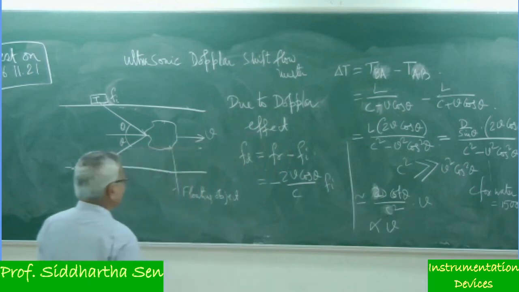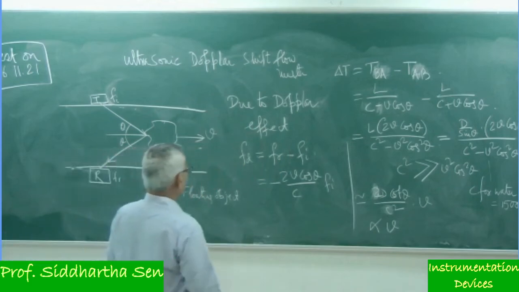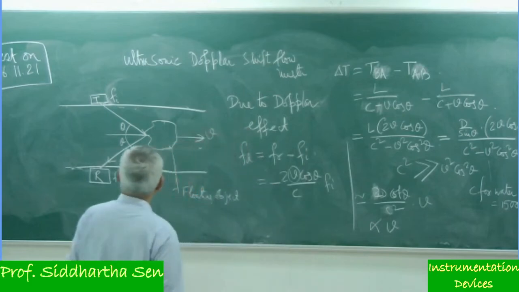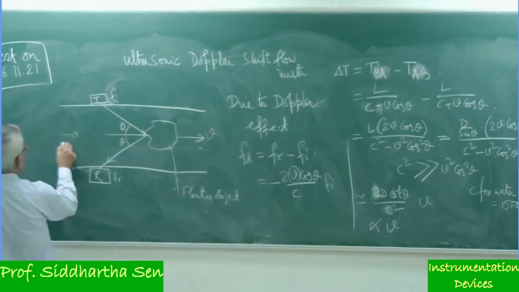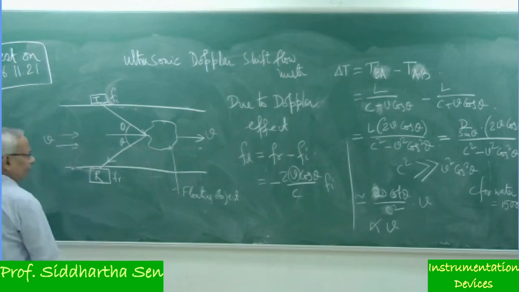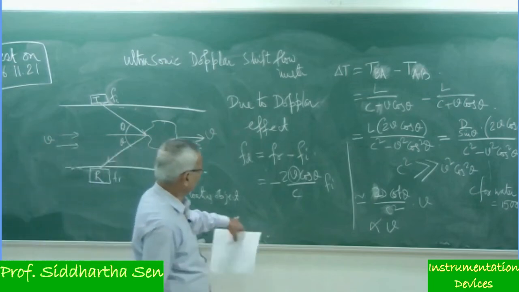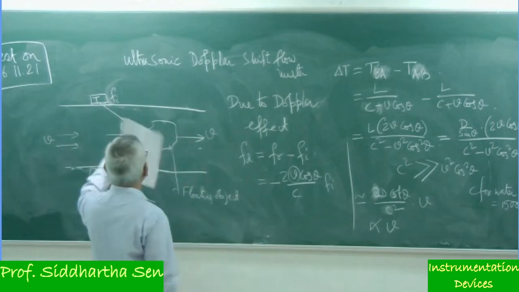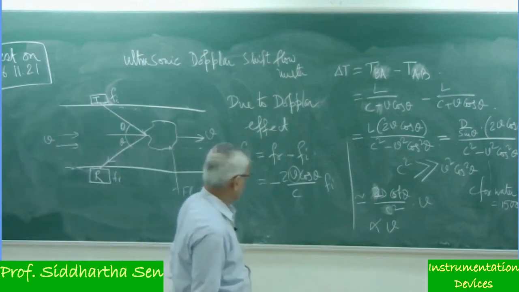So we can see that this frequency difference is proportional to the velocity v, and this shift will be in the opposite direction if the flow is in the opposite direction.